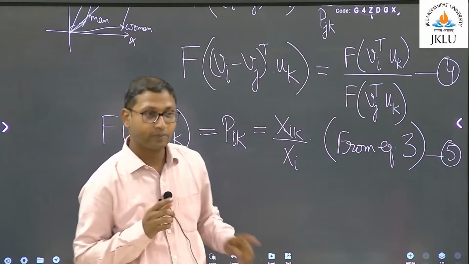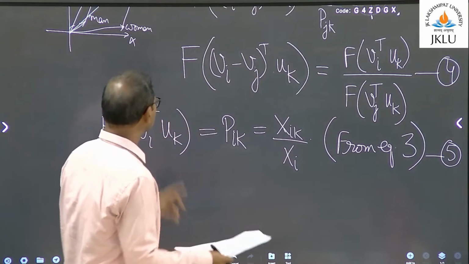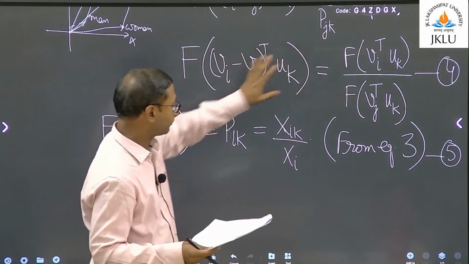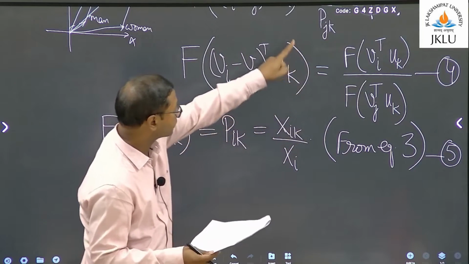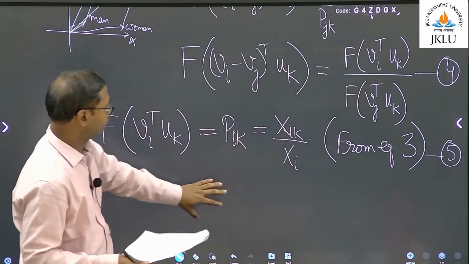All right, can you hear me back? Okay, let us start again. So exponential is a solution to equation 4, and this basically comes from equation 3. So if I equate this to Pik, this is what I get.